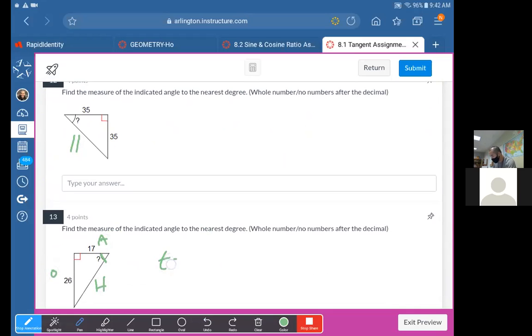So for angles, remember you use this one. Tangent inverse of opposite over adjacent. So just do tangent inverse of 26 over 17.